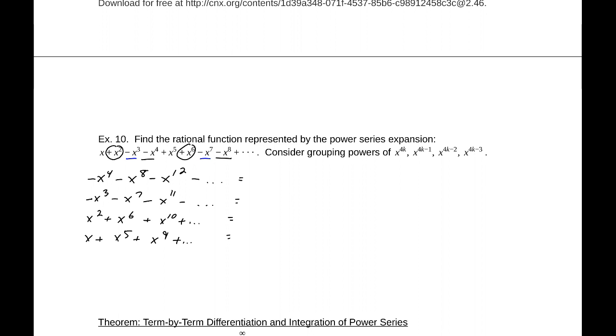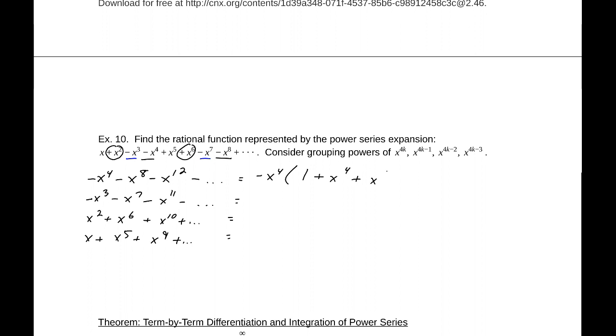Now notice that what we are given there is the sum of all four of these. Okay, I've rearranged them because I know it's going to converge to a function. All right, so now if I factor that out, I'm going to take an x to the 4th out of this first one, which is 1 plus x to the 4th there.